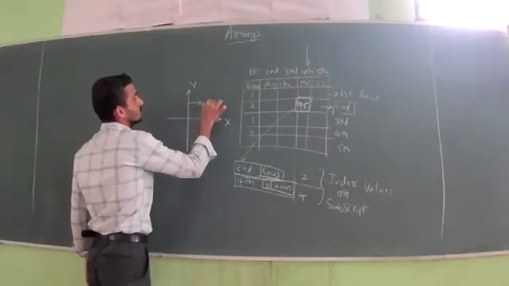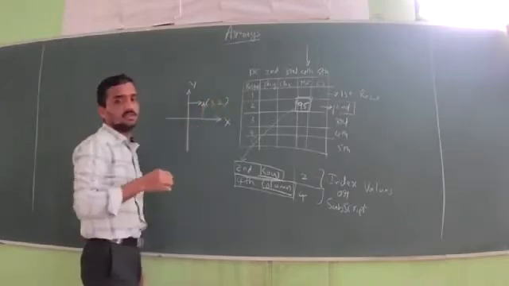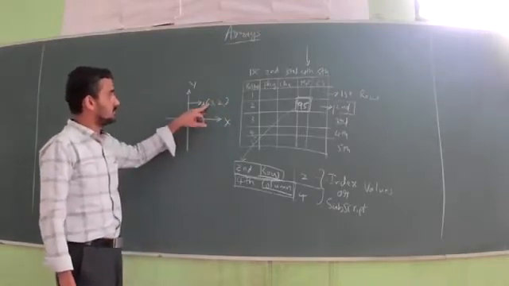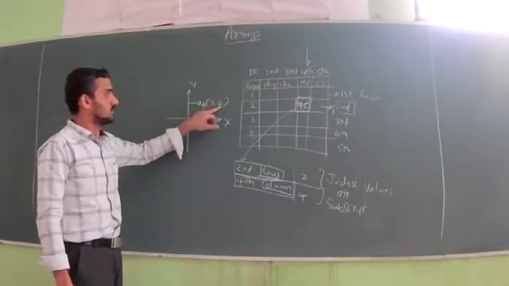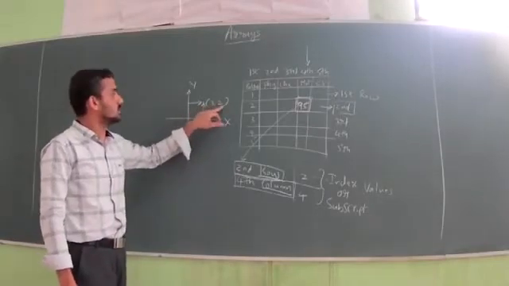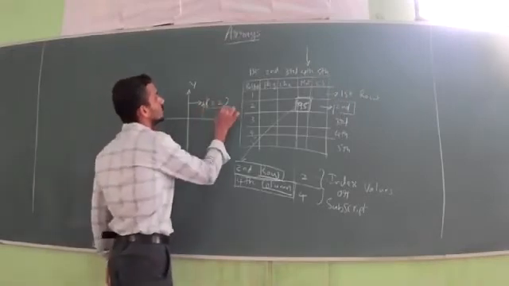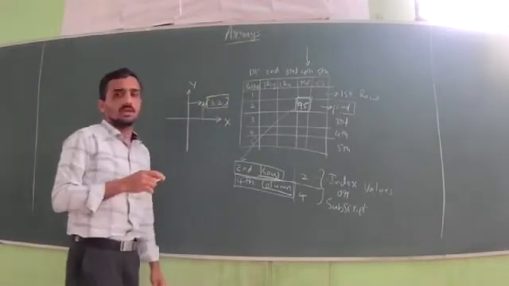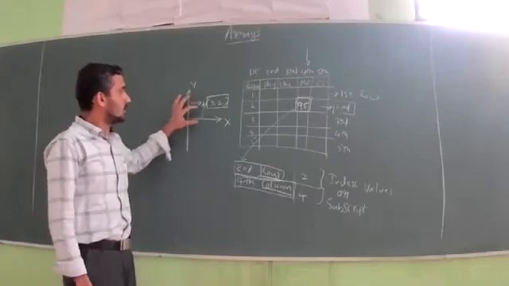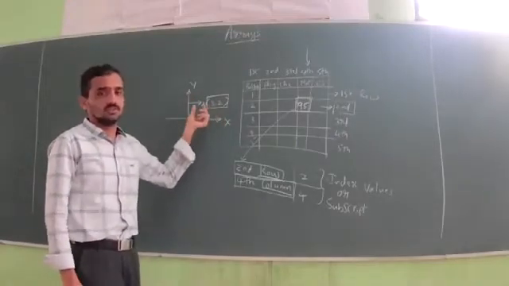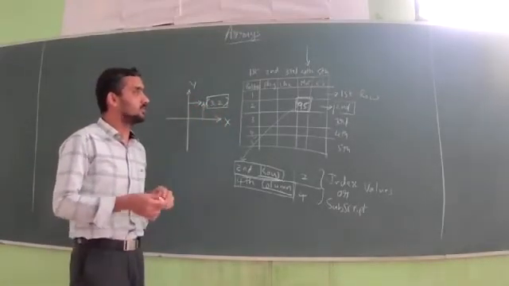For example, if I say 3, 2, that is 3 centimeters from the x-axis and 2 centimeters from the y-axis, or 3 meters and 2 meters, some units. If you represent in x, y axes, that is according to a graph, you can see 2 dimensions here. So this is a 2-dimensional array.